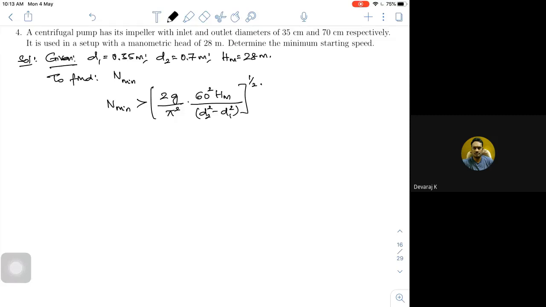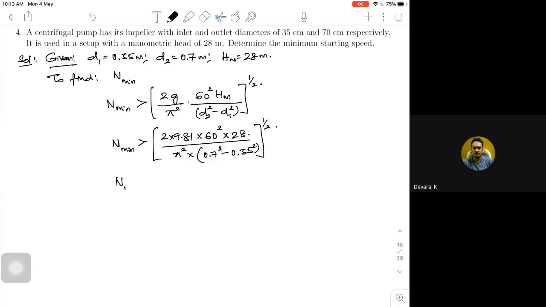So if I substitute, N minimum is equal to 2 into 9.81 into 60 into 60 multiplied by the manometric head, which is 28, divided by pi square into D2, 0.7 square minus 0.35 square, whole to the power of 1 by 2.